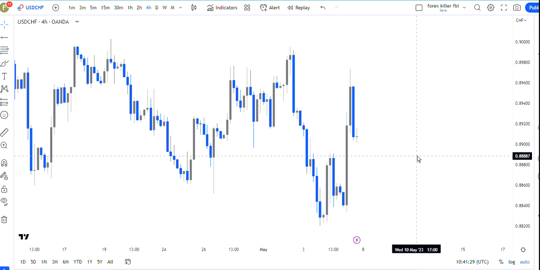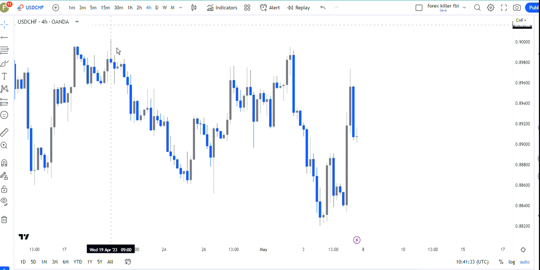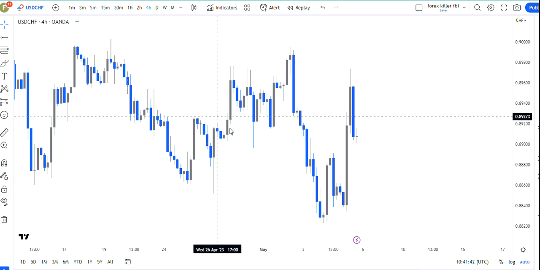Then you also have to know that Euro USD moves in a mirror with DXY. That is what you have to note.